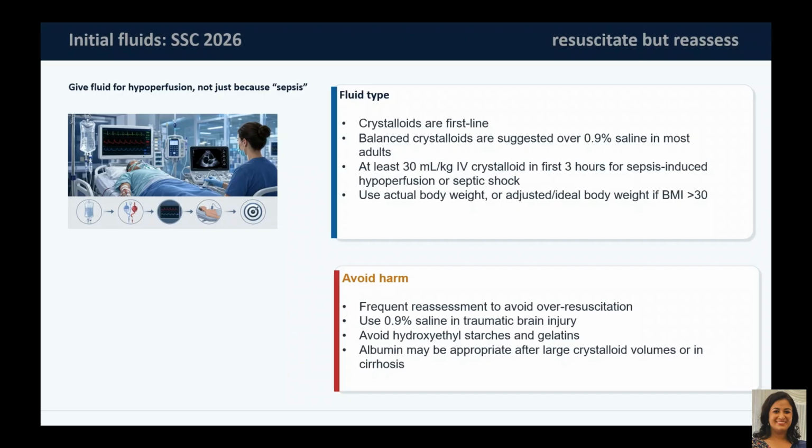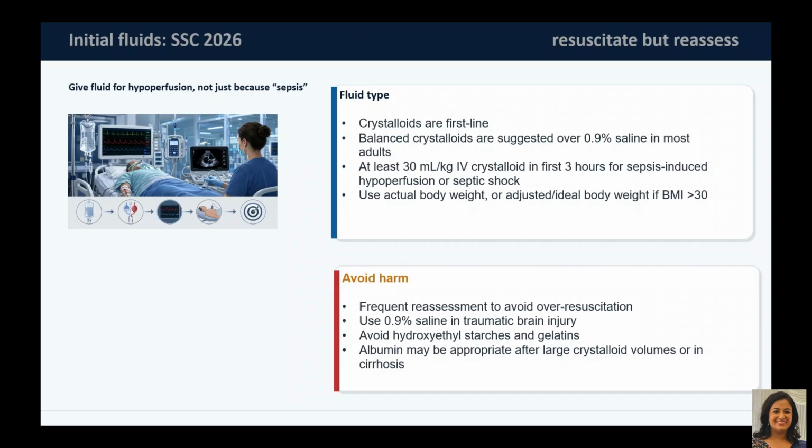And the other one is in sepsis, we are avoiding starches and gelatins. And albumin is also not encouraged. It is only given if you are infusing large volumes of fluids, because it has some colloid pressure, just to entrap your fluid more in the compartment, you can give albumin, but it is not routinely recommended.